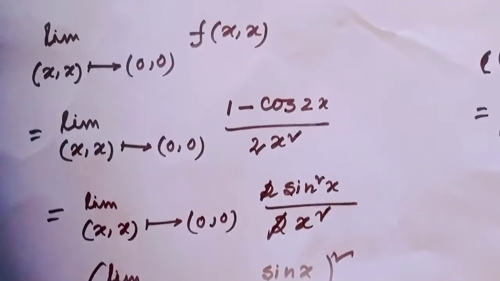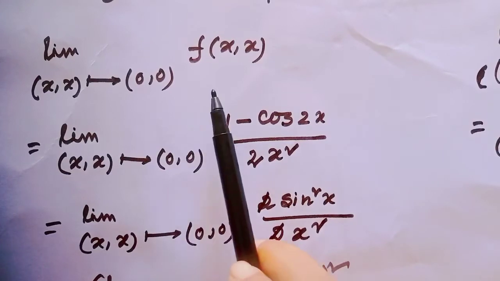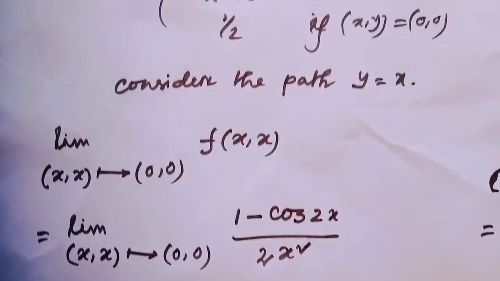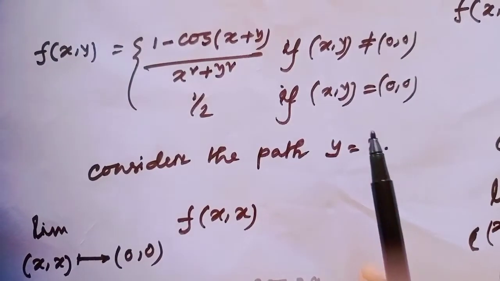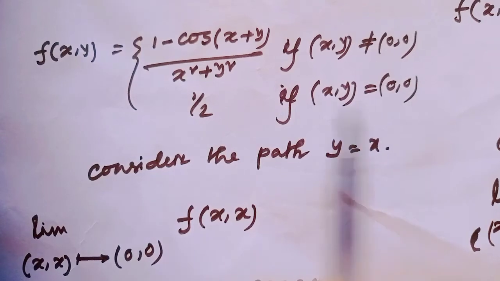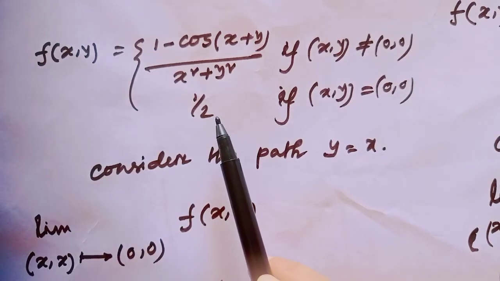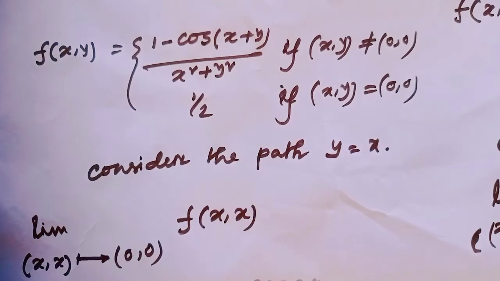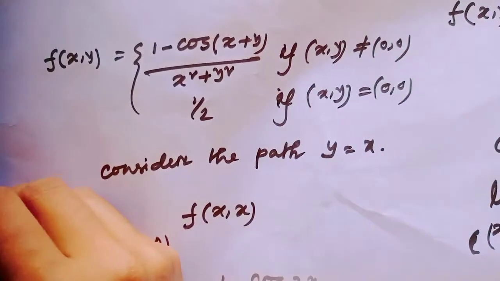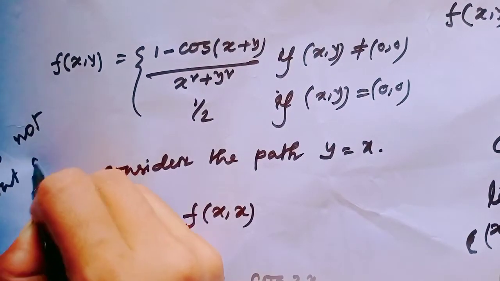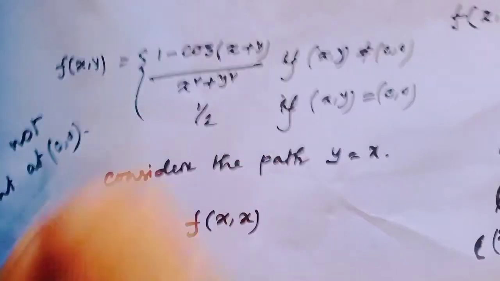Here notice at the point (0,0) the limit value is 1, but in the question it is given that at the point (0,0) the value of the function is half. That means this function is not continuous at the point (0,0).